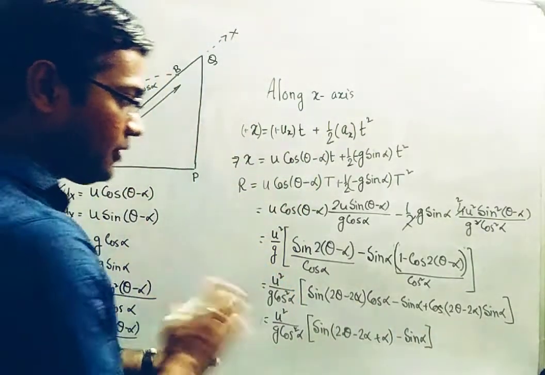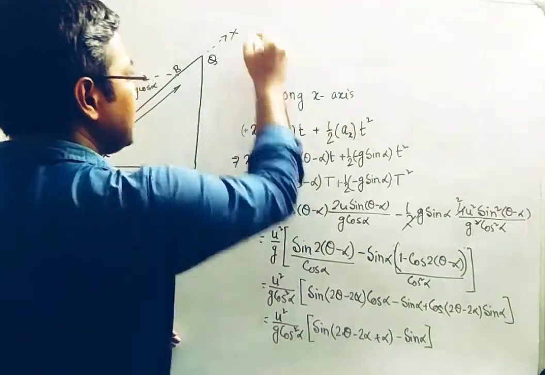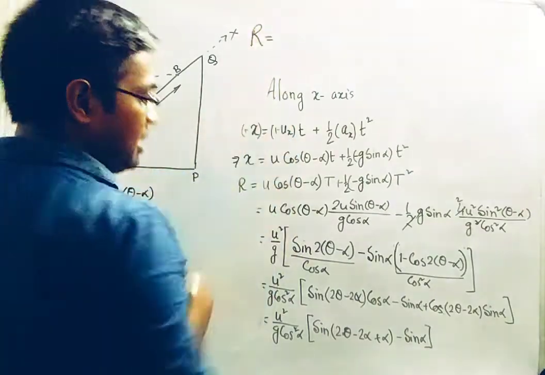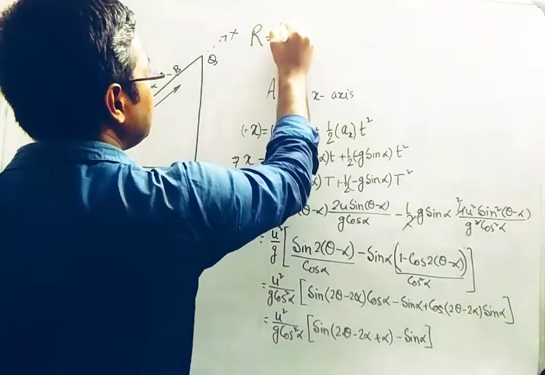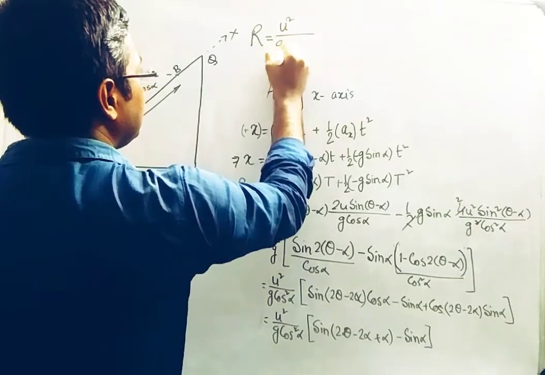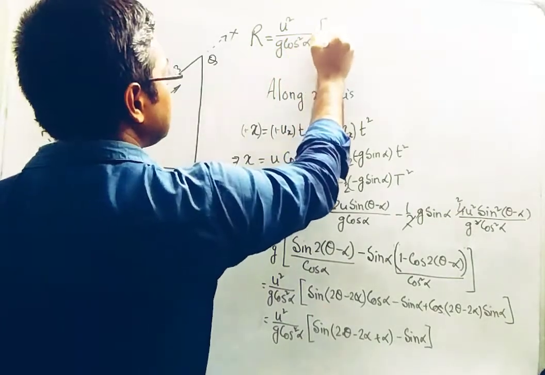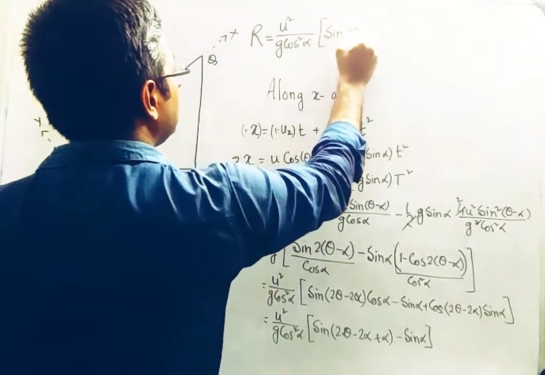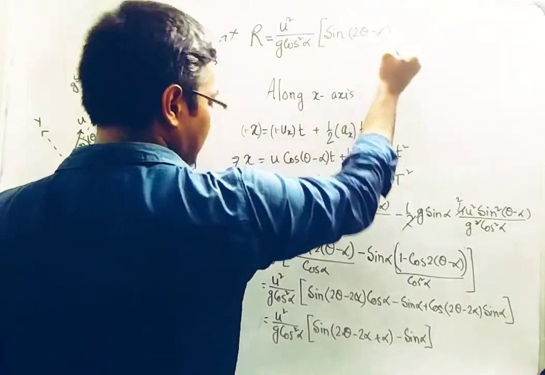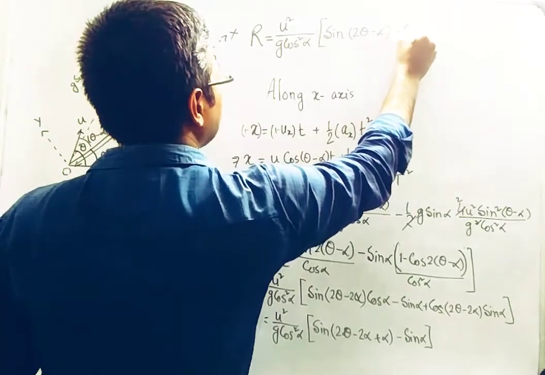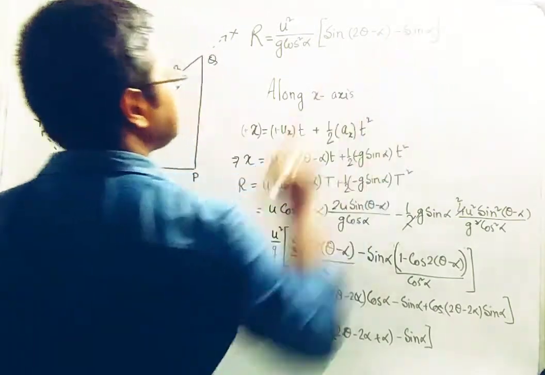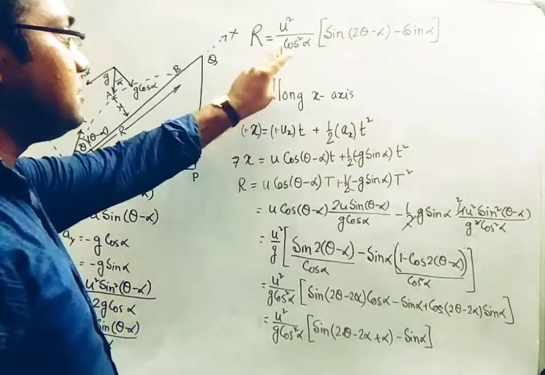So if I write it down clearly, the expression of the range will be u square divided by g cos square alpha, sine 2 theta minus alpha, minus sine alpha. So this is the expression of range.